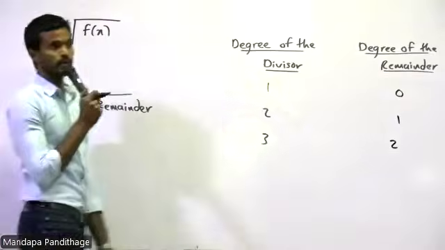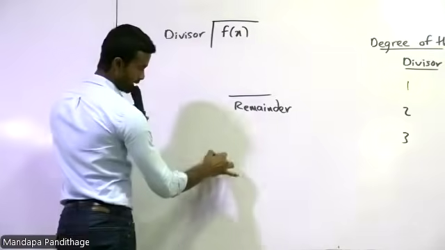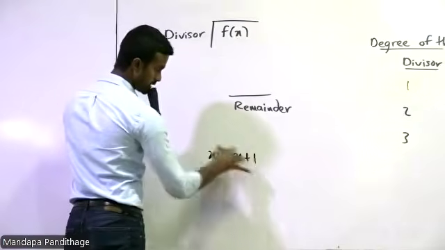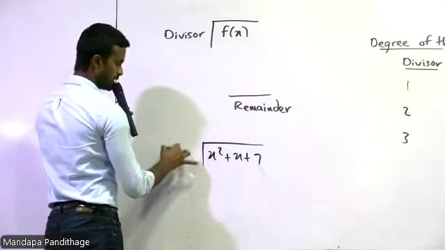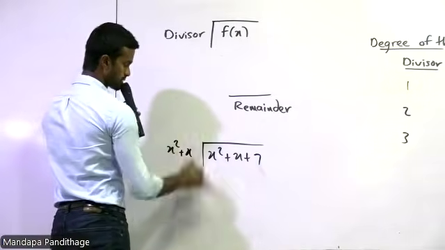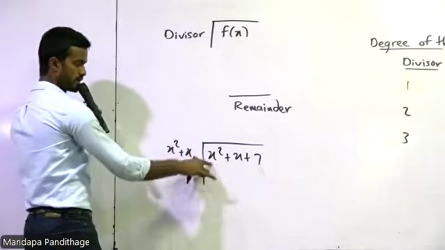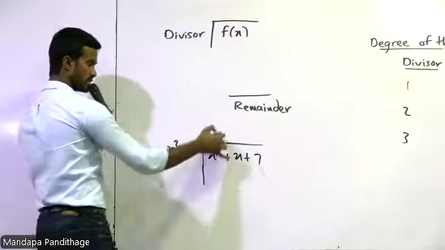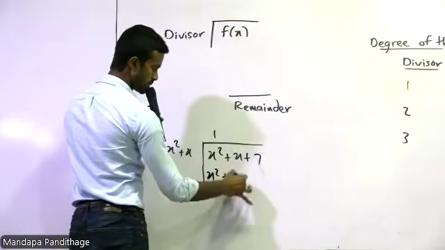Okay. But if I write something like this, look at this. x squared plus x plus 1 plus 7 divided by x squared plus x. When you divide this, x squared divided by x squared, the answer is 1. When you multiply, it's x squared plus x.